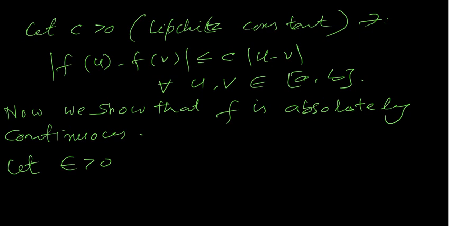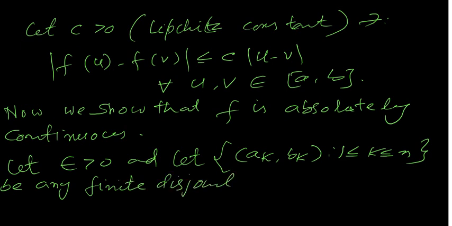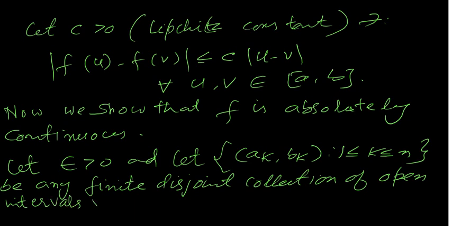Then this delta is actually equal to epsilon by C. And let (ak, bk), 1 less or equal to k less or equal to n, be any finite disjoint collection of open intervals in AB.